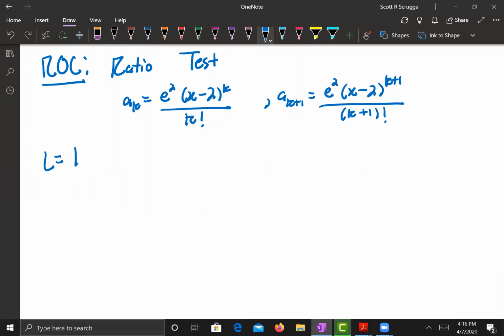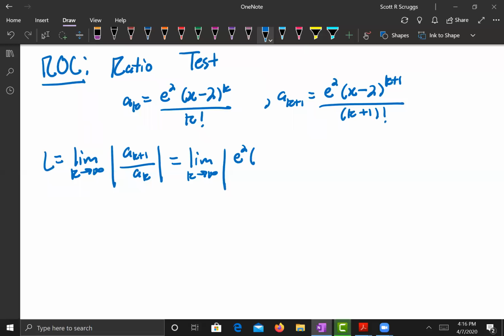So limit as k goes to infinity of a of k plus 1 over a of k equals the limit as k goes to infinity of a of k plus 1 times the reciprocal of a of k.